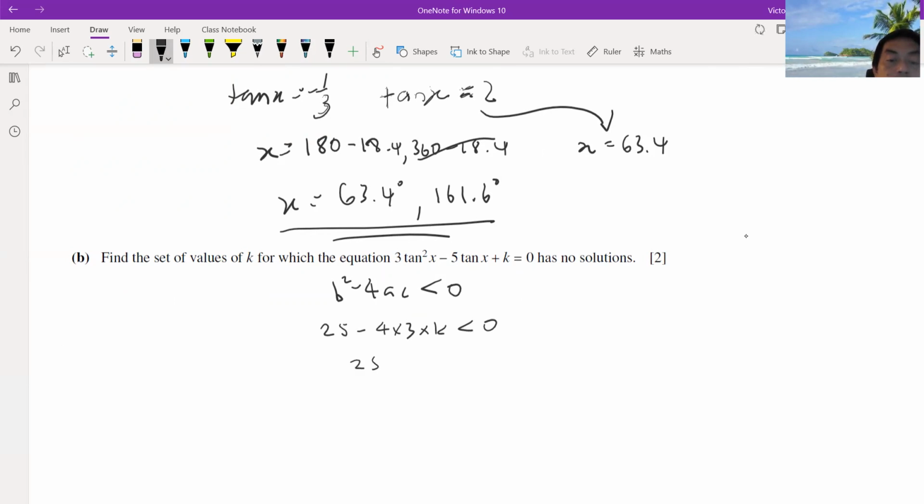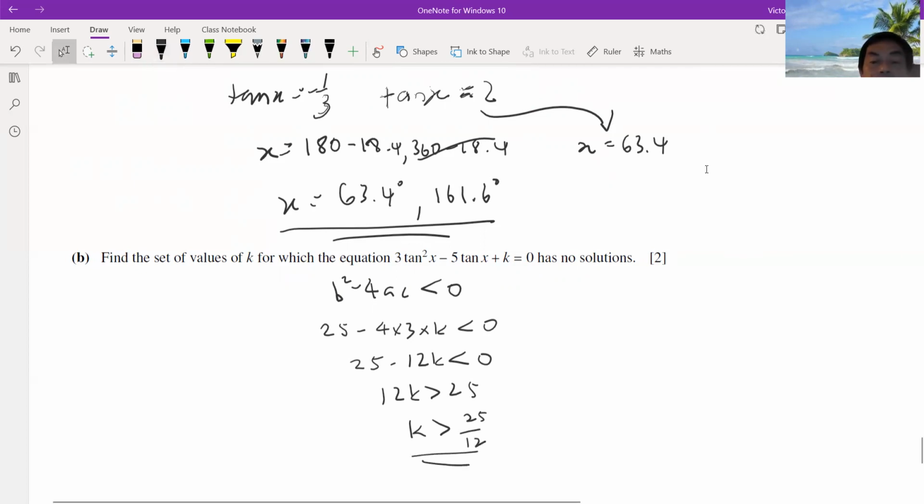So 25 minus 12k smaller than 0. 12k larger than 25. K larger than 25 over 12. And that is the solution. It seemed to put you out of track, with suddenly a question on quadratics. Okay, let's go to the last one.